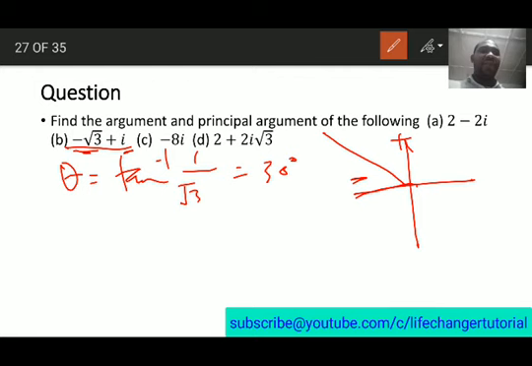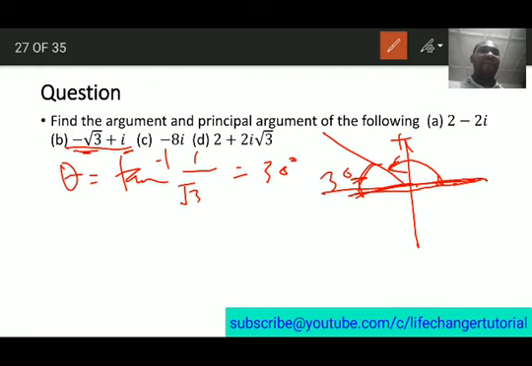And to find the argument, you must go from the positive x-axis, so from here to here. Okay? Remember, this 30 degrees is always the angle the complex number makes with the horizontal. So this is where the 30 degrees is.